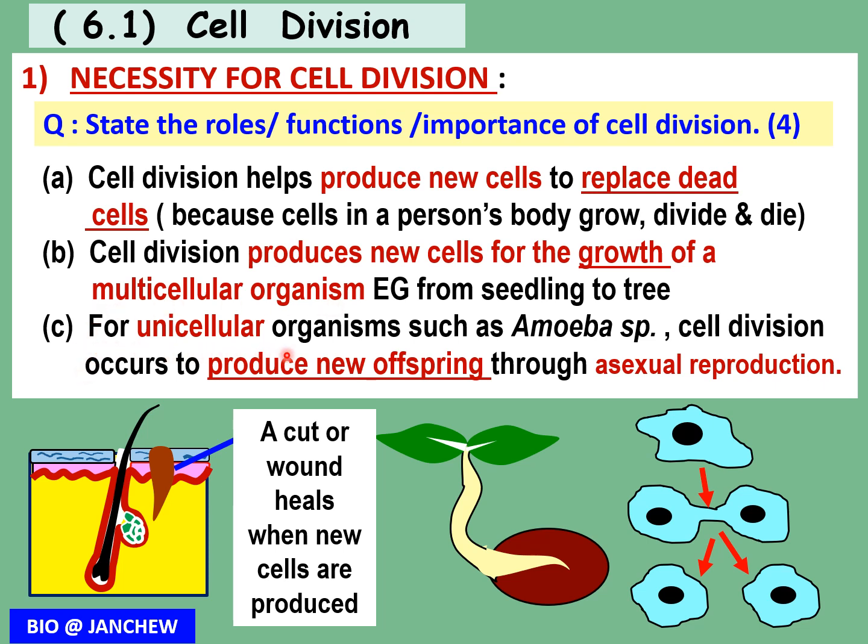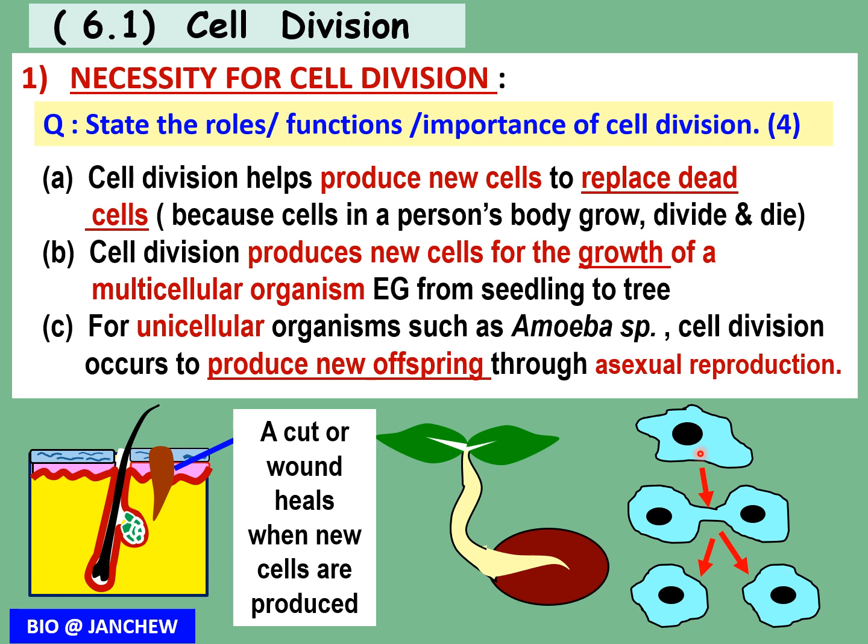Now, for unicellular organisms such as amoeba species, cell division actually helps to produce new offspring. So in chapter 2, we've already discussed how amoeba carries out asexual reproduction, and that is by binary fission.